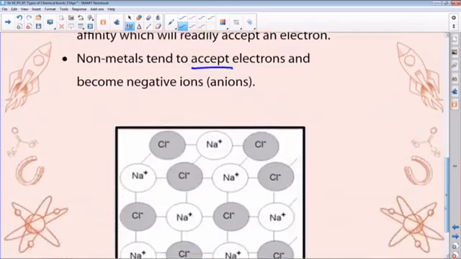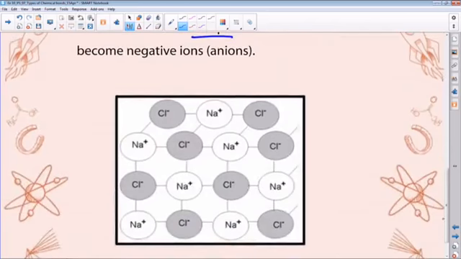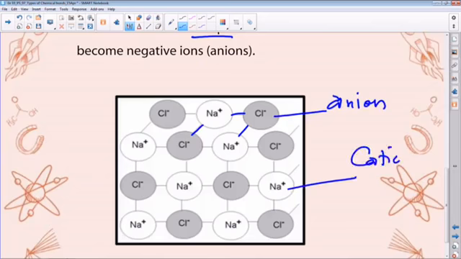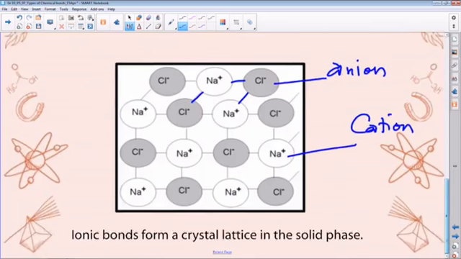If you look at this ionic structure, these are the Coulombic forces that keep these ions together. The chlorine is our anion, and that's our cation. The forces that keep them together are those electrostatic forces, or the Coulombic forces.